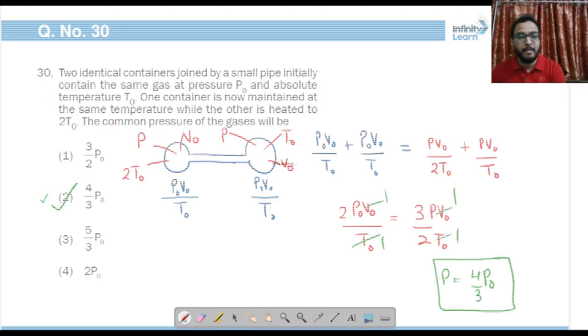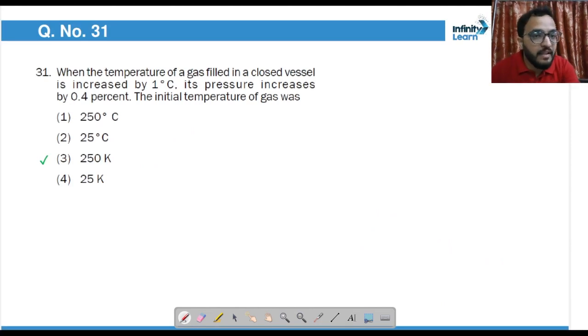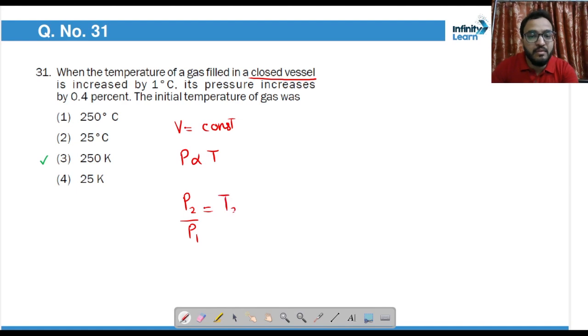Clear? Question number 31. When the temperature of a gas filled in a closed vessel changes, the volume is constant. So if volume is constant, P is directly proportional to temperature. So P2 by P1 is equal to T2 by T1. Now what they are saying is P2 is 0.4% more.